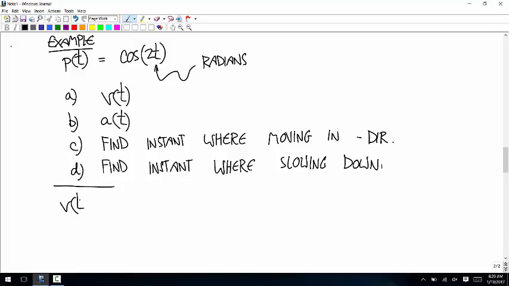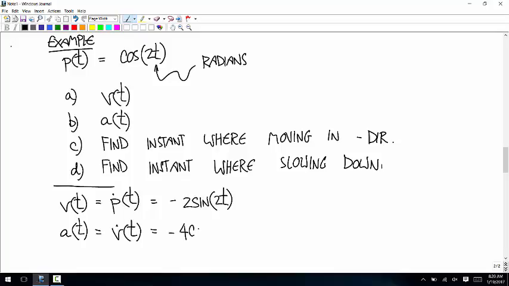So the velocity function is the time derivative of the position, which is negative 2 sine of 2t. And then take another derivative to get the acceleration, and you get negative 4 cosine of 2t.